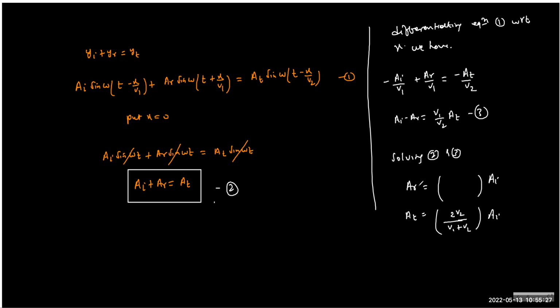Also AI bracket v1 minus v2 by v1 plus v2. Is it 1 minus 2 or 2 minus 1? v1 minus v2.